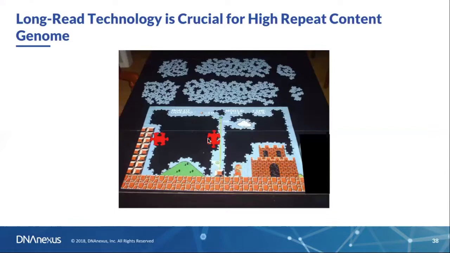But actually a lot of function is harbored inside these repeat regions, for example, Fragile X syndrome or Huntington disease. Those are all related to repeat regions. However, if we have much longer read data, we can actually cross over those repeat regions and create a more complete genome. So the longer the read, the better the genome assembly in general.